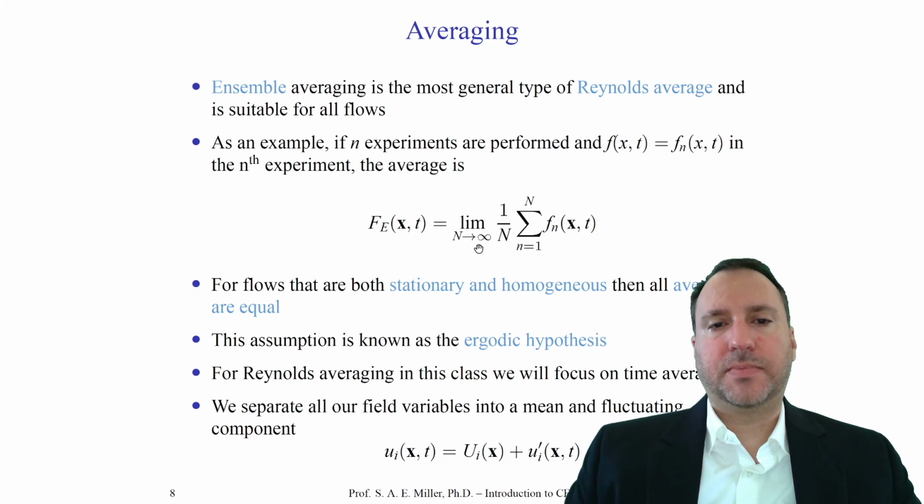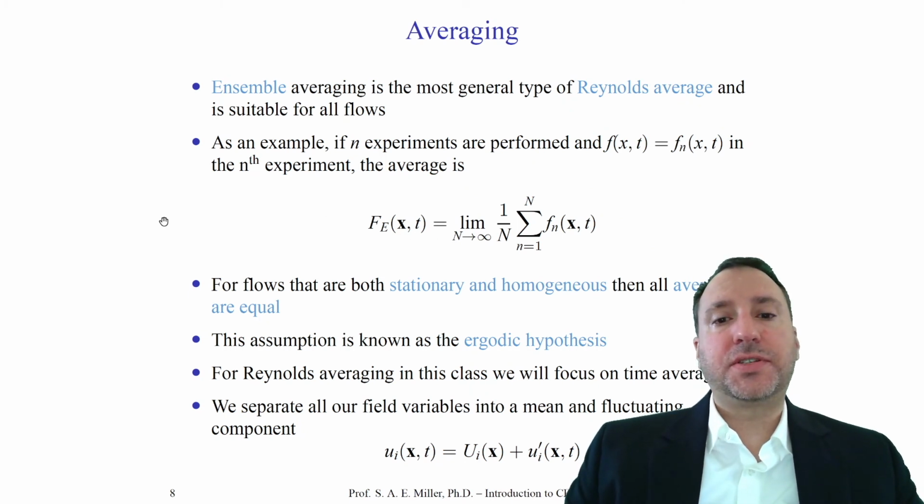So you can imagine, if we start up our wind tunnel and take a measurement in the flow field at time 10 seconds 100 times, we would put those 100 measurements from 100 different wind tunnel tests in the summation. We would then put capital N as 100, and we would remove this limit because this is a discrete framework.